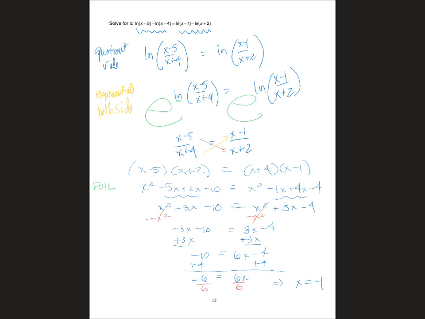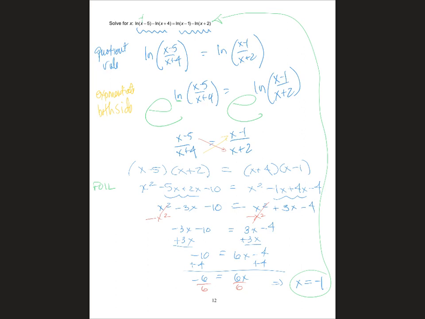Now that's great. Algebraically, we found the value of x. But we have to check to see if this is an extraneous solution, remember? So if I take this and I come back up here and I say, what happens if I substitute in negative 1 into this first x? Well, that's going to give me the natural log of negative 6.